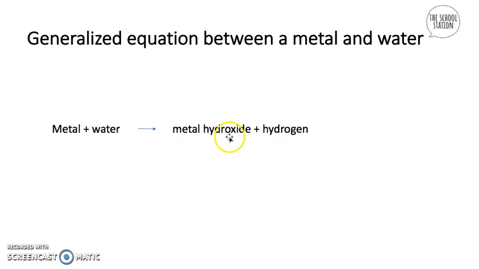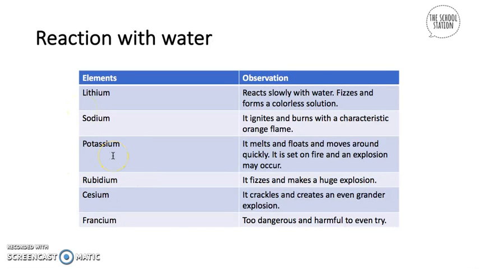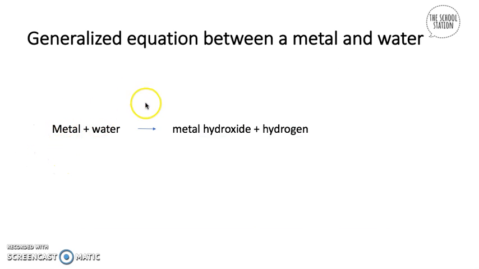So you can do this for every single one of the metals. You just substitute the metal with the actual name. So if I was doing rubidium, I would just put rubidium. So rubidium plus water makes rubidium hydroxide plus hydrogen. It's a really simple equation to memorize and use in the exam.